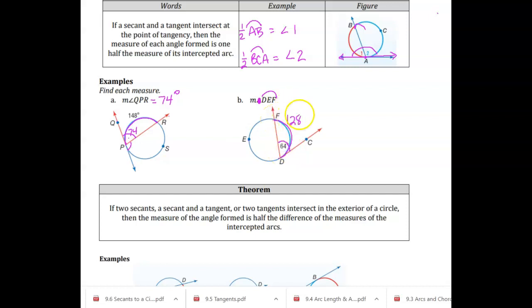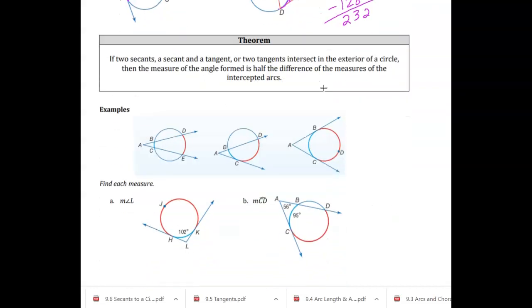So that's 128. We want this arc. Remember, a whole circle is 360. So if we take off the part that we know, it's only really made up of those two different arcs. We would get 232 degrees.